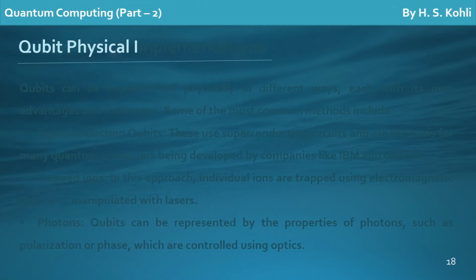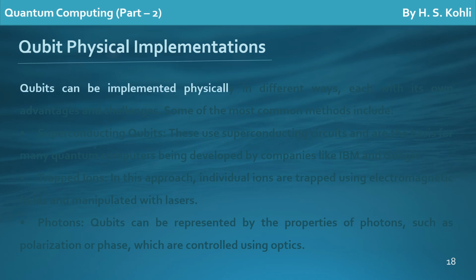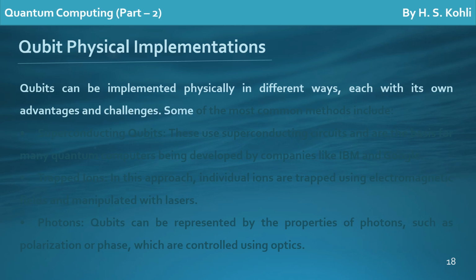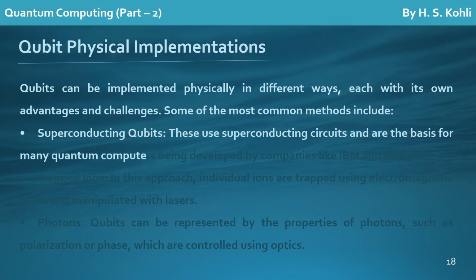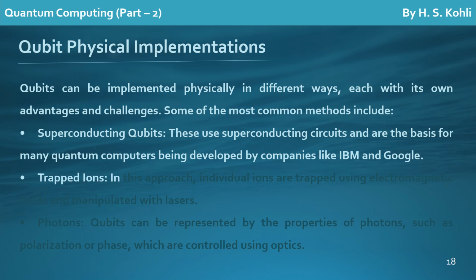Qubit physical implementations. Qubits can be implemented physically in different ways, each with its own advantages and challenges. Some of the most common methods include superconducting qubits. These use superconducting circuits and are the basis for many quantum computers being developed by companies like IBM and Google. Trapped ions.